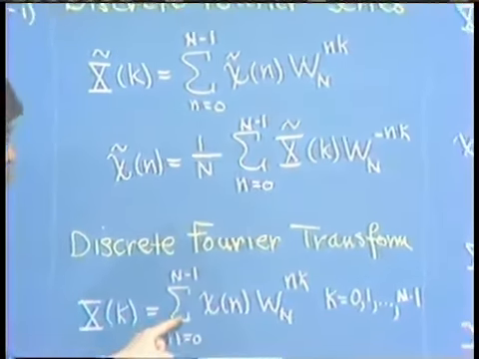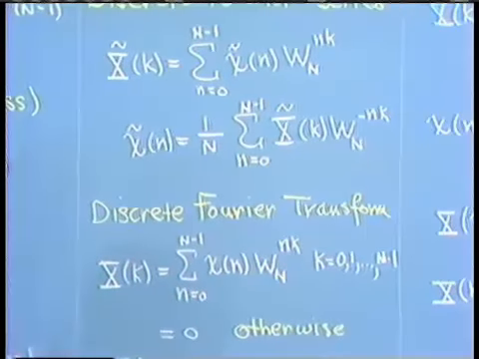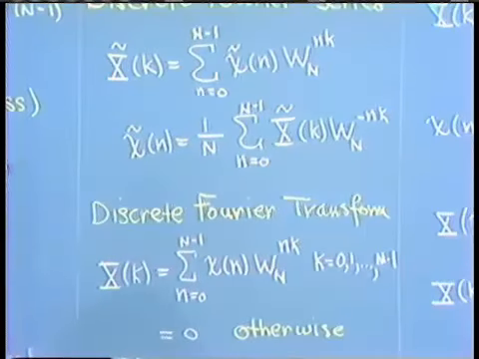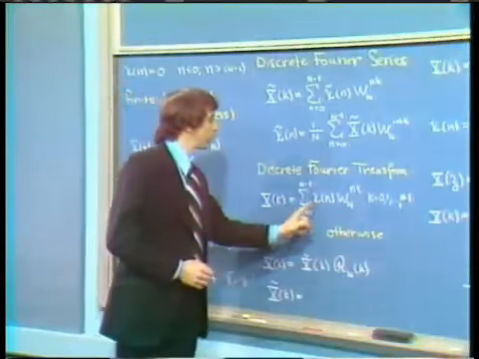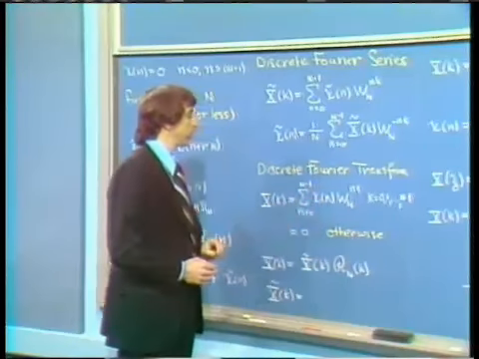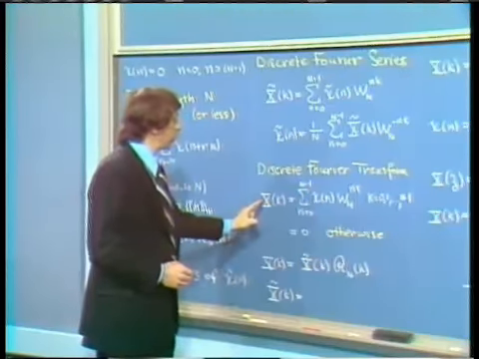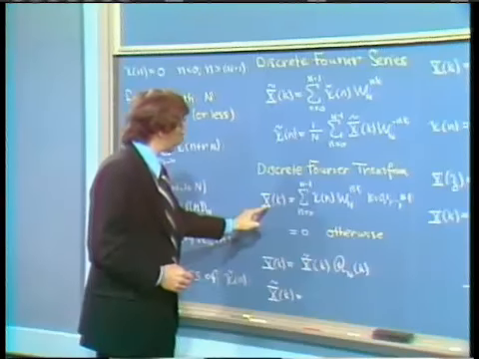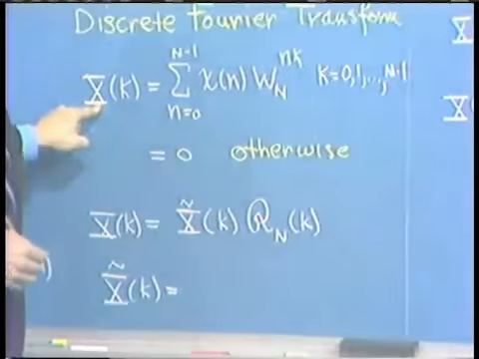This then is, by definition, the discrete Fourier transform of the finite length sequence x of n, and it is denoted by X of k.